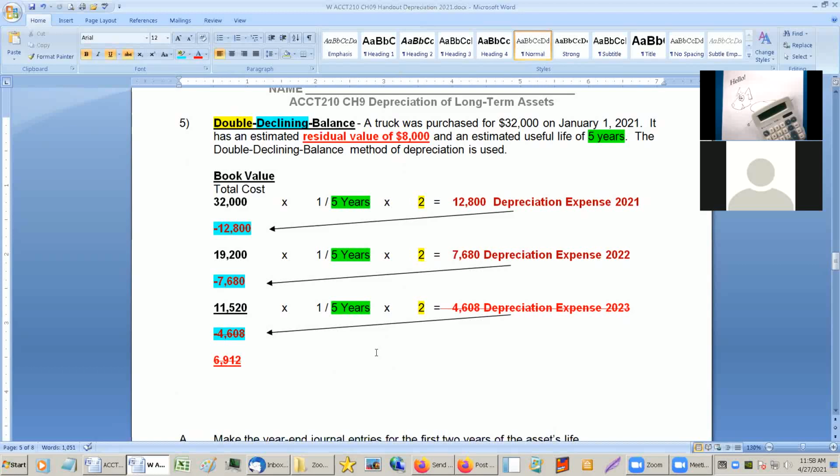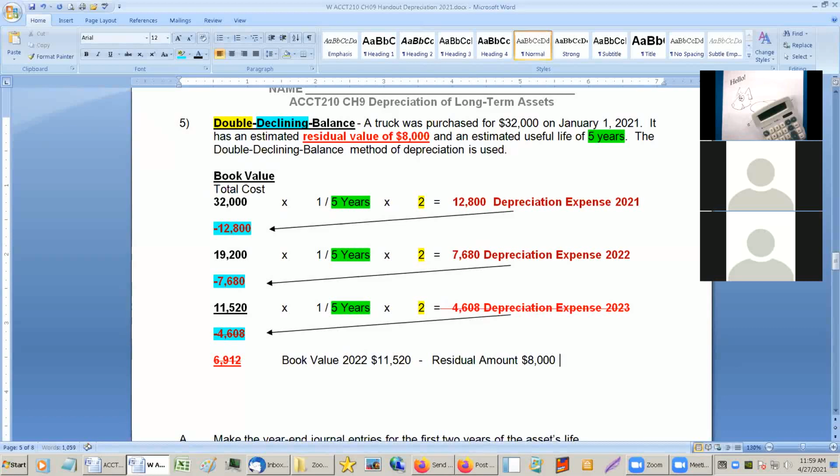So what we have to rely on then is the book value of the previous year, minus the residual amount of 8,000.